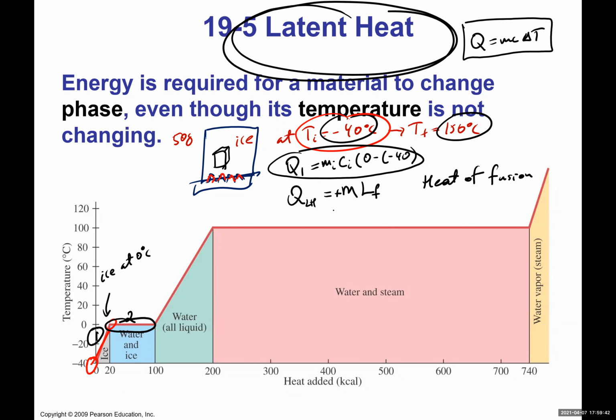That means this is for my stage 2. I can put Q2, stage 2, where in order for me to continue my journey from negative 40 to 150, I need to melt the ice. And for stage 2, this equation gives me mass of ice times heat of fusion. That will give me the amount of energy needed to melt the ice.